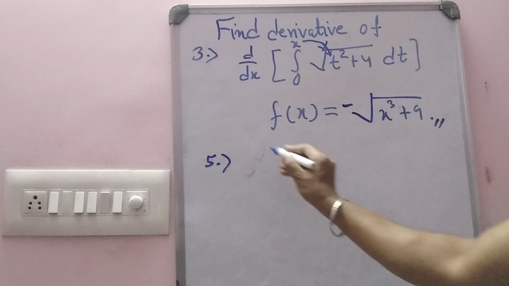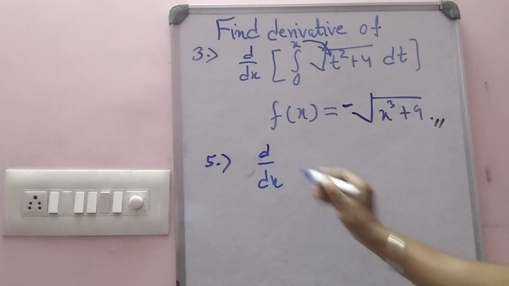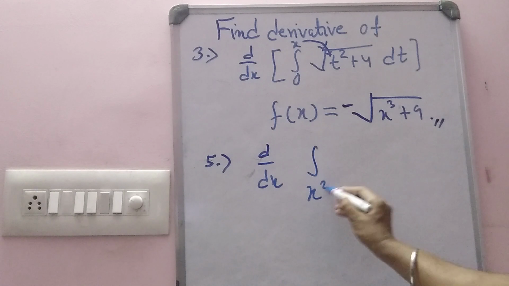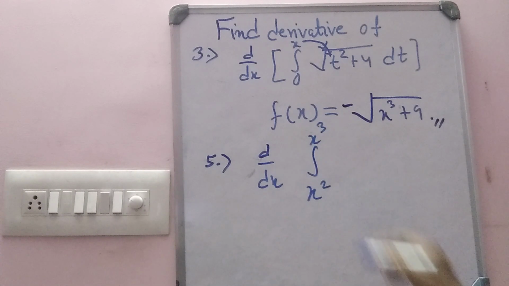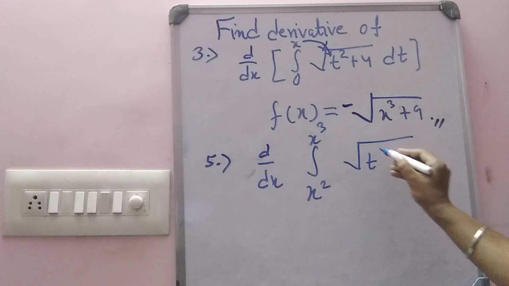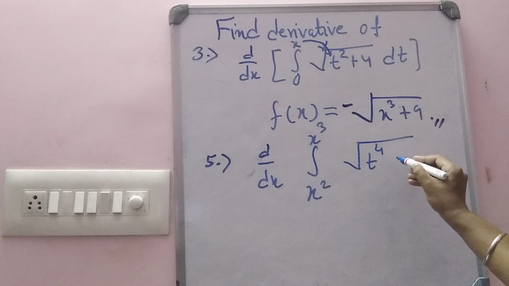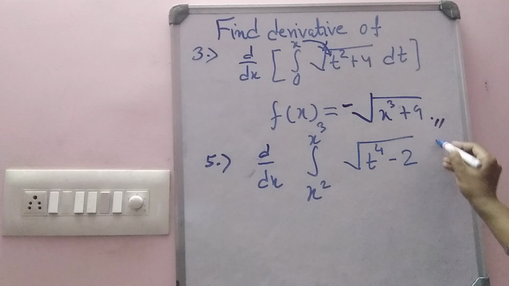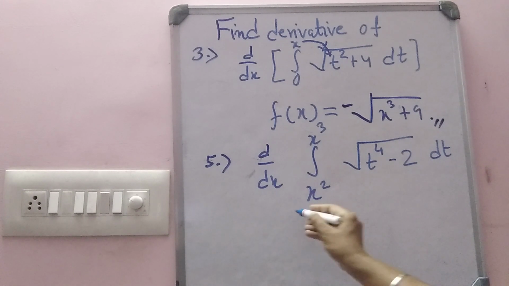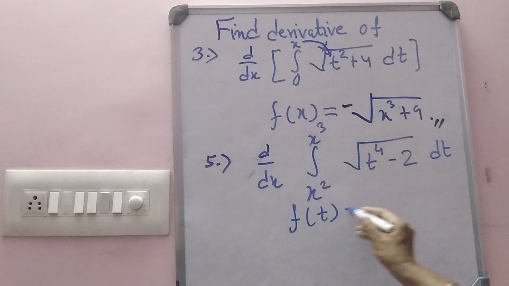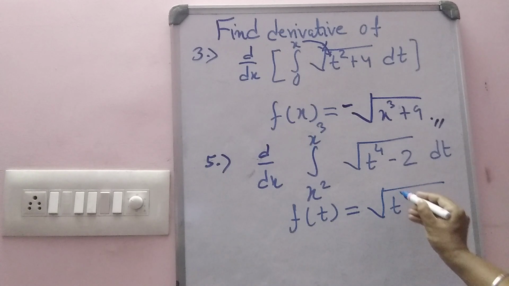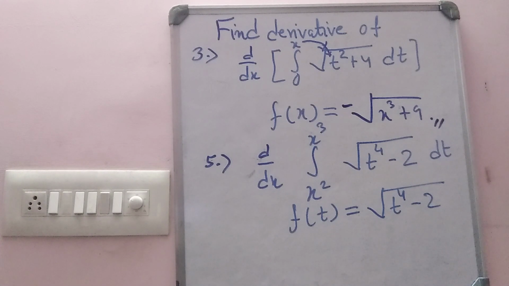You find out the derivative d by dx, limit x square to x cube, square root of t to the power 4 minus 2 dt. First step is your f of t is what? Your given function is square root of t to the power 4 minus 2.